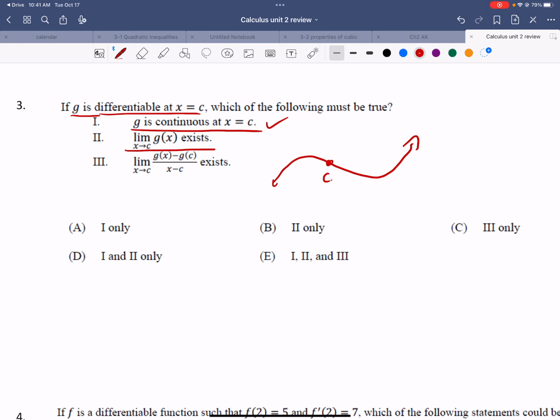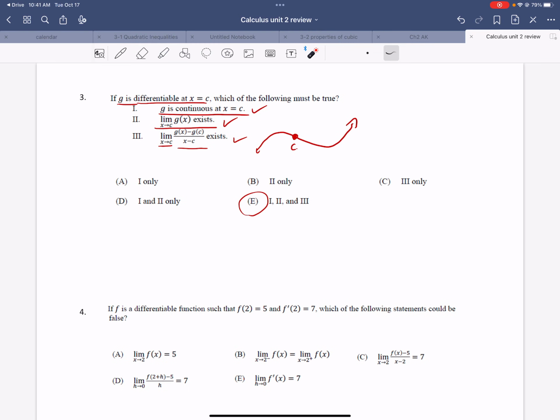And the limit exists. This one is also true because it should exist. And according to number C, the limit as x goes to c also exists. Yep, this one is also true, 1, 2, and 3. Number 2 and number 3 mean exactly the same thing, they just use different math words, okay?